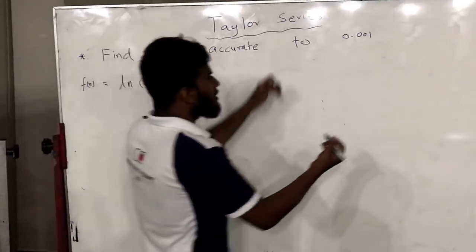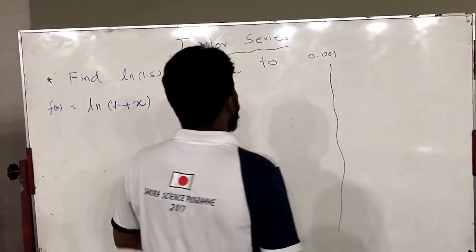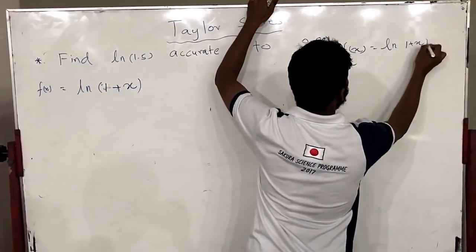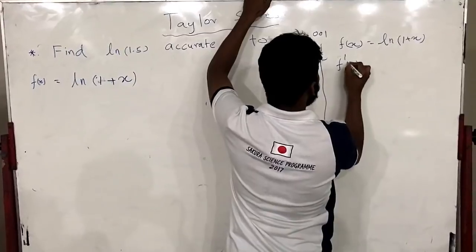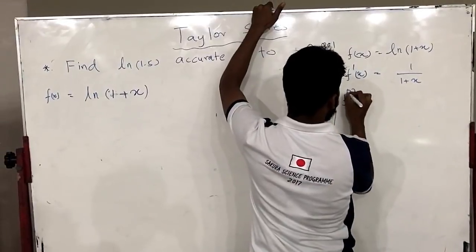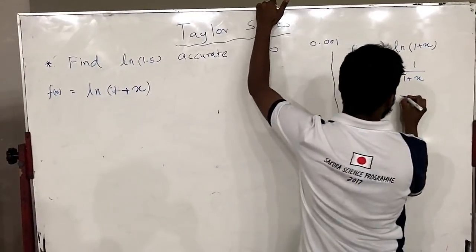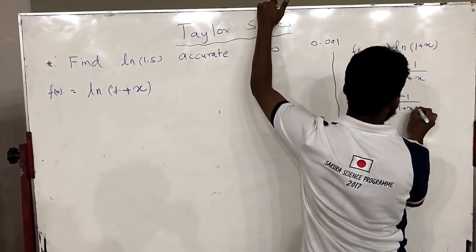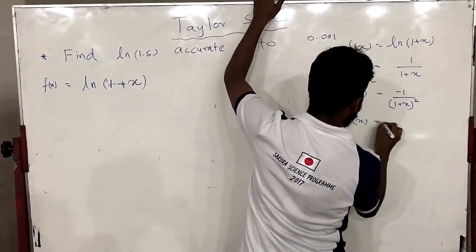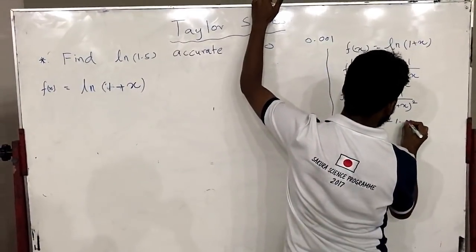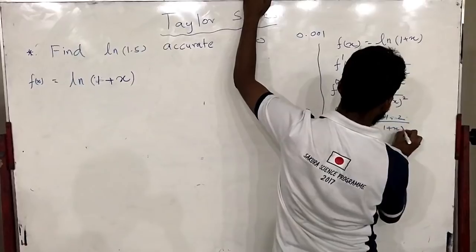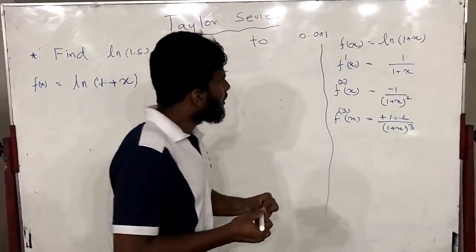First, we will find the derivatives of f(x). f(x) equals ln(1 + x). f'(x) equals 1 over 1 + x. f''(x) equals minus 1 over (1 + x) squared. f'''(x) equals minus 1 into minus 2, that is plus 2, over (1 + x) cubed.